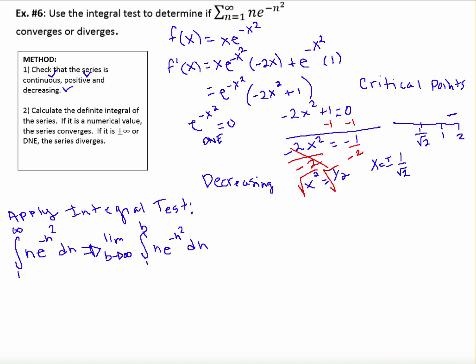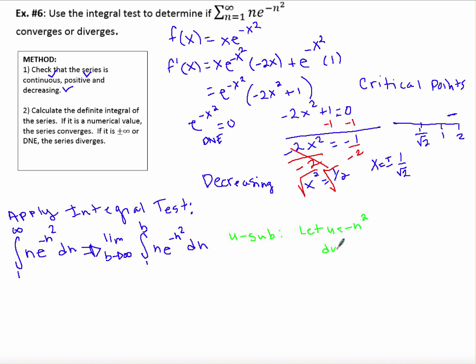I'm going to go ahead and use a U-substitution again. I see a product. I like using a U-substitution for products. I like integration by parts when I'm seeing chain rule action. So let's try a U-sub though. In this case, I'm going to let u equal my negative n squared.